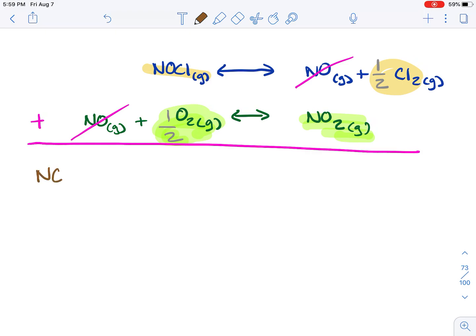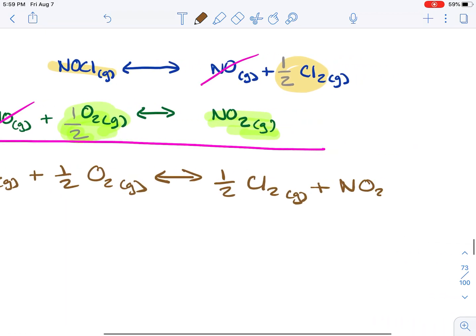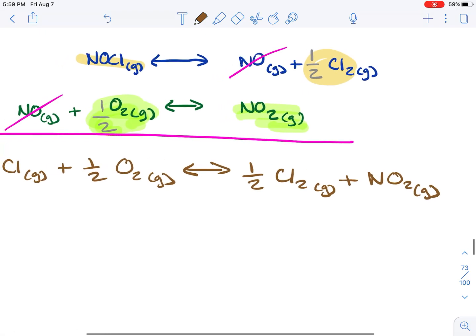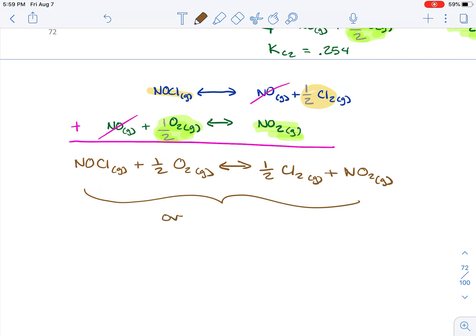So here I have NOCl gas, plus 1/2 O2 gas, to produce 1/2 Cl2 gas, plus NO2 gas. So all of this represents the overall chemical equation.